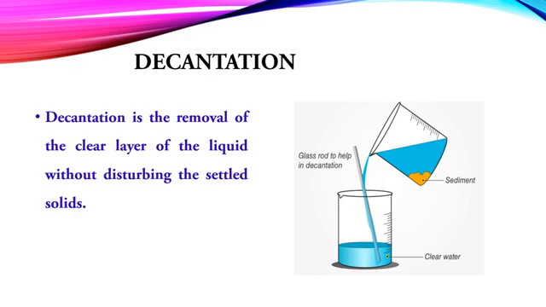Sand can be separated from the sand-water mixture by the method of decantation. We pour the clear water into another beaker without disturbing the sediment of sand. This process is called decantation.